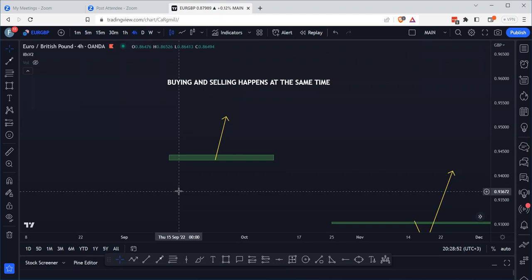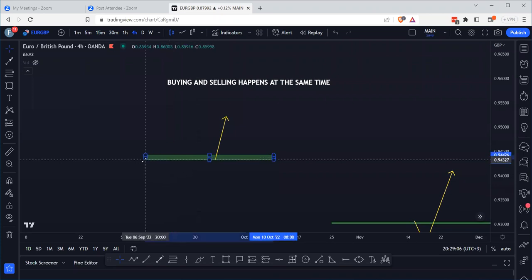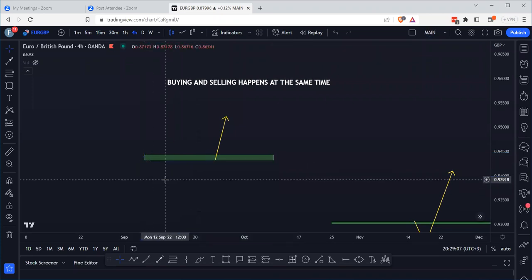Now, in this case, your own stop loss is a sell order. So let's assume that this green zone right here is a support zone. We all know that we buy at support. That's what we were taught at beginners level.